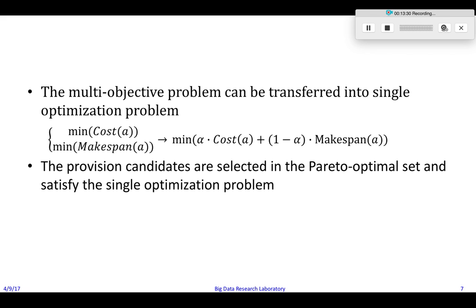Since we only have two functions to minimize, we can add one parameter alpha, and another parameter 1 minus alpha.